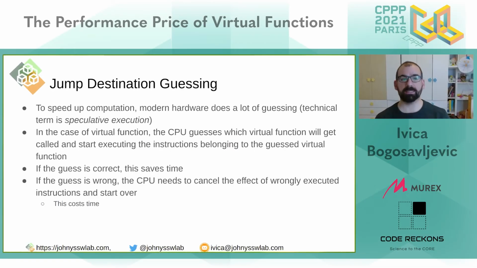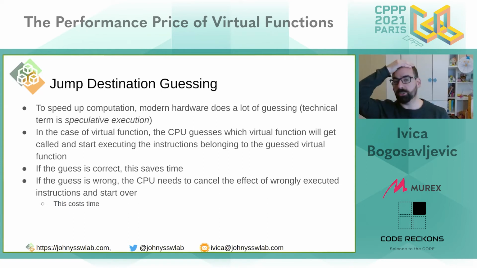So the next topic I call jump destination guessing. Let me tell you what it is. To speed up computation, modern hardware does a lot of guessing. The technical term for this is speculative execution.